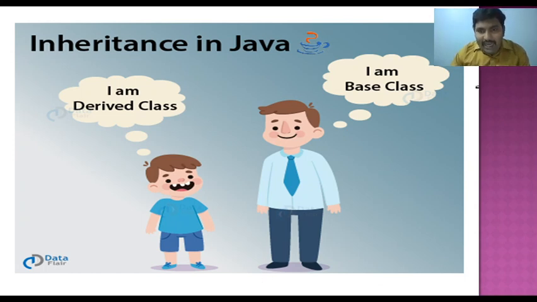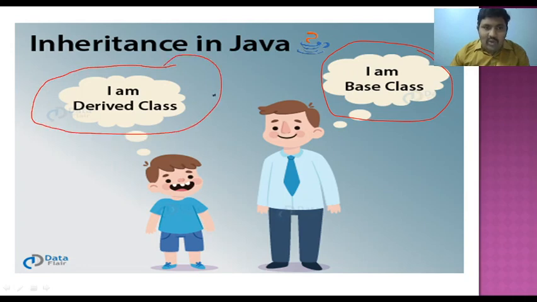We call the parent class the base class, and this child class we call the derived class. The base class properties are inherited by the child class, or derived class.